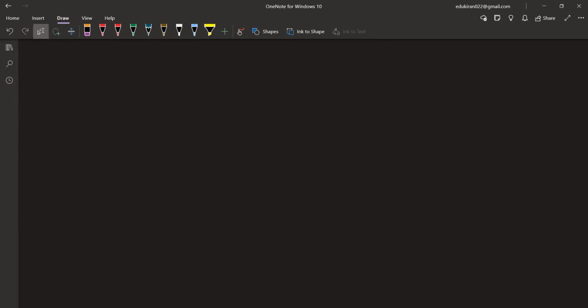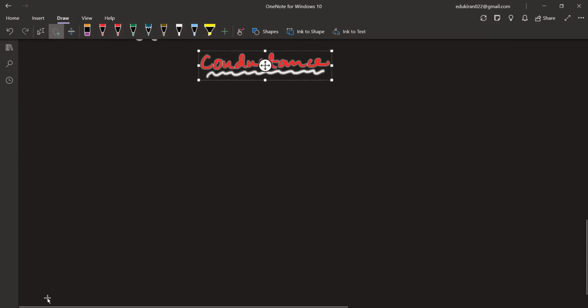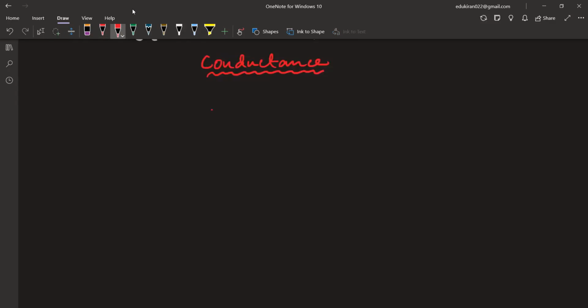Now, this is the second part of the chapter, which deals with conductance of electrolytic solutions and how we measure this type of conductance. So the main heading will be Conductance. Please write. Those of you who remember, when did you first learn about conductance?